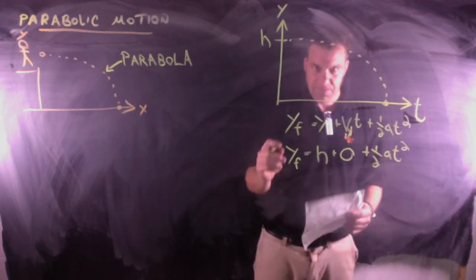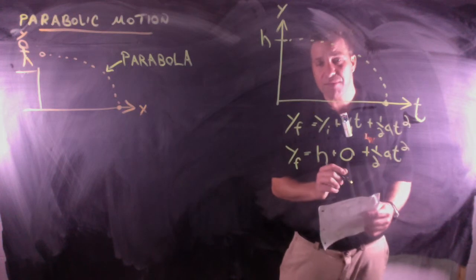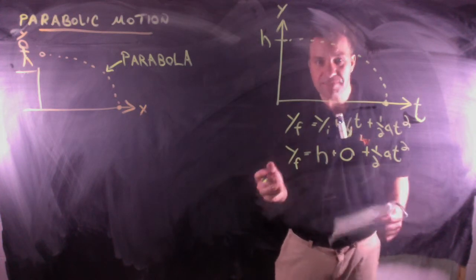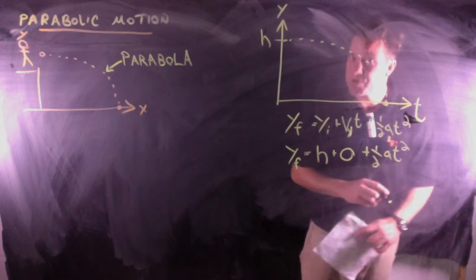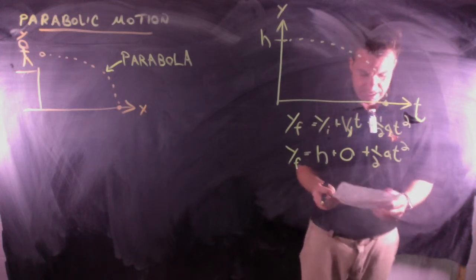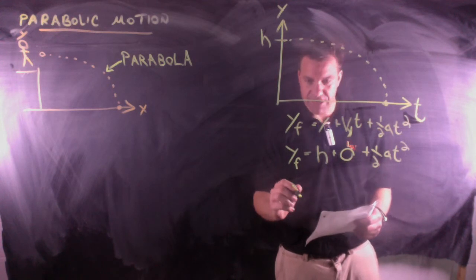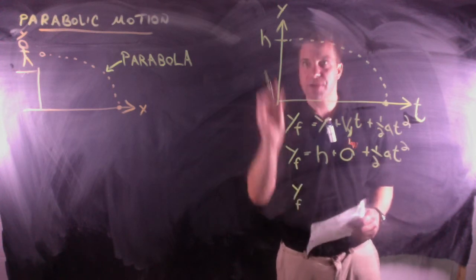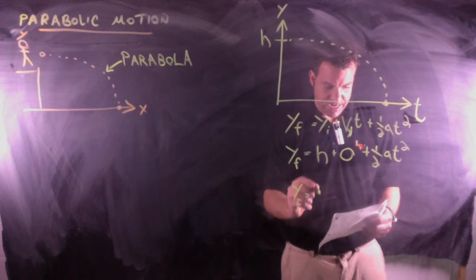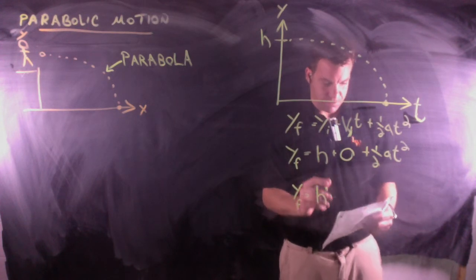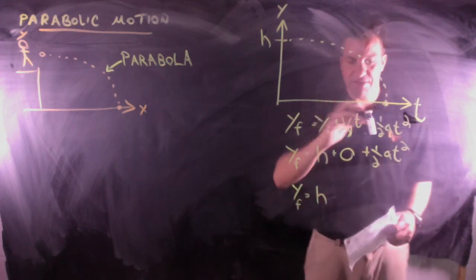Okay? So is this the equation of a parabola? Yes, because it has a t squared in it. It's quadratic, right? It's going to be inverted, of course, because it's going to have a negative sign. We started up here at h, so it would be h minus, because gravity is negative here.